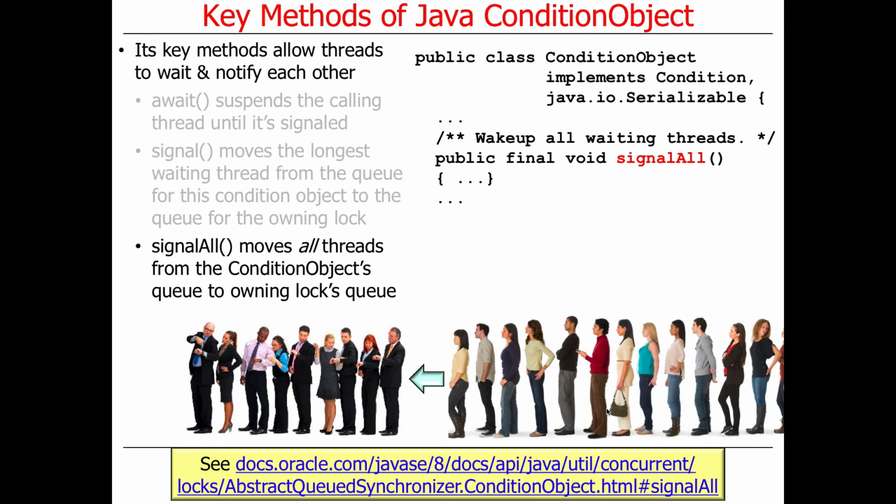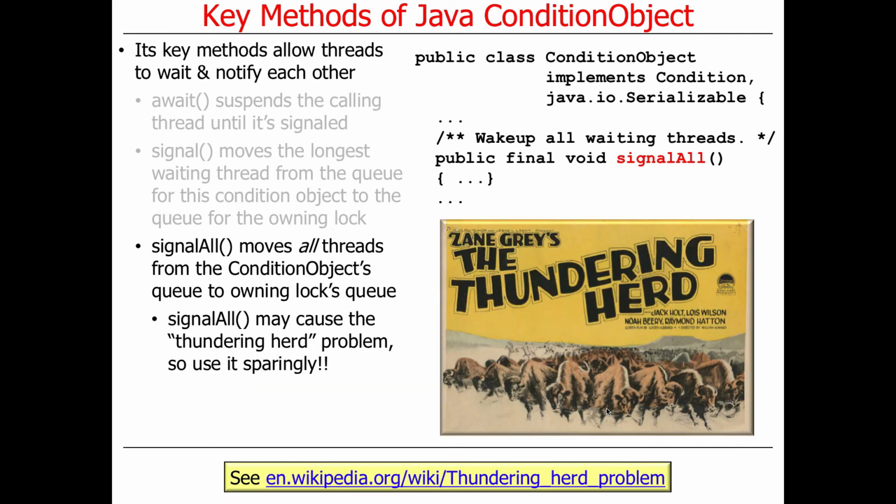Let's say you have lots of threads that are blocked on a condition object, waiting for something, waiting for a message to come in, or waiting for the queue to be not empty or not full. And when you call signal all, it's going to move them all over to the owning lock's queue, and now they're all going to get a chance to run. And that, as the name implies, could end up creating a very large amount of overhead, because it's a thundering herd.